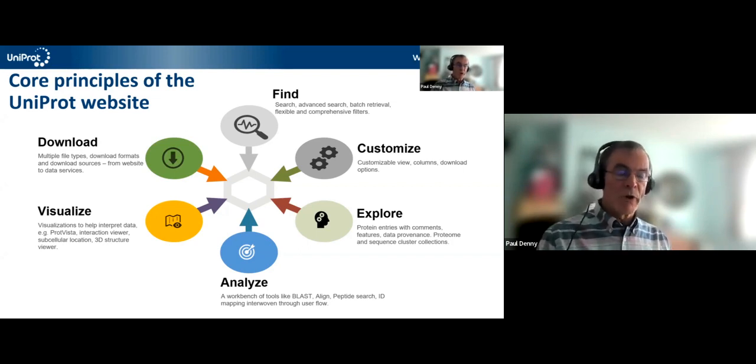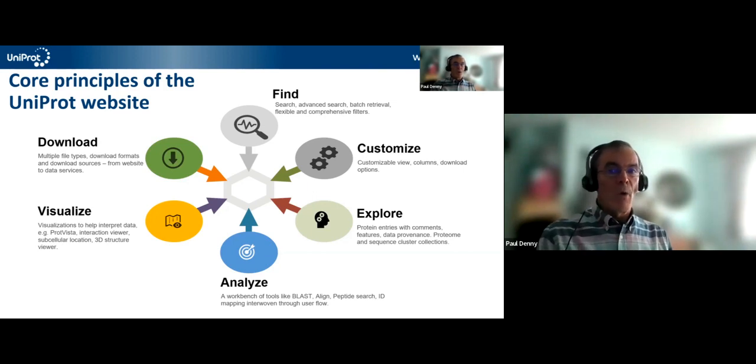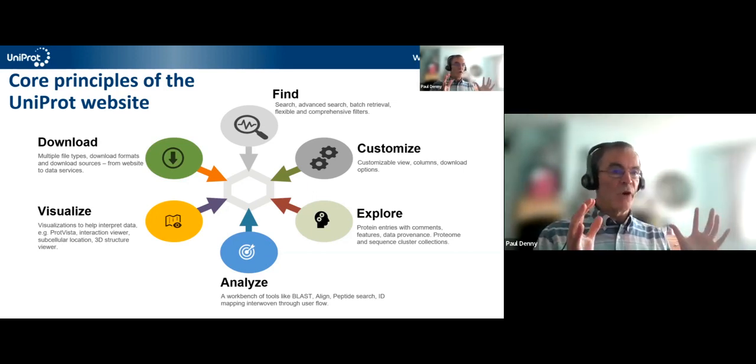And then there are analysis tools associated with the website. You can look for similar proteins using tools like BLAST. And then once you've found similar proteins, align them with one another. Or let's say you've got a short peptide and you want to find proteins that contain that peptide, you can do that.